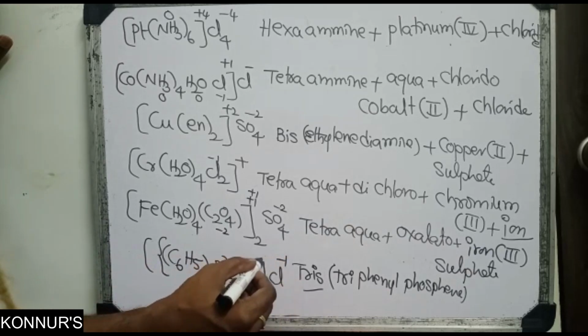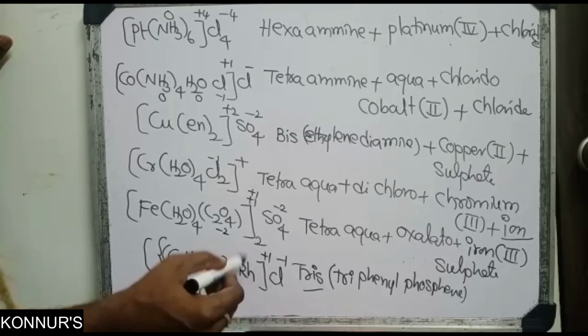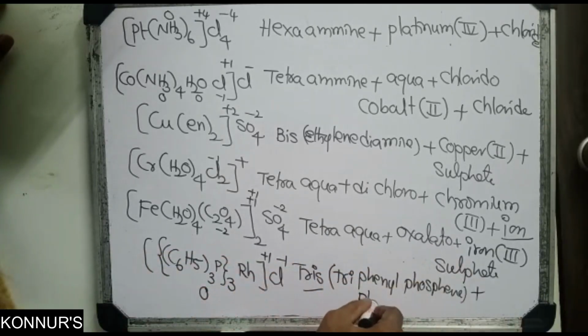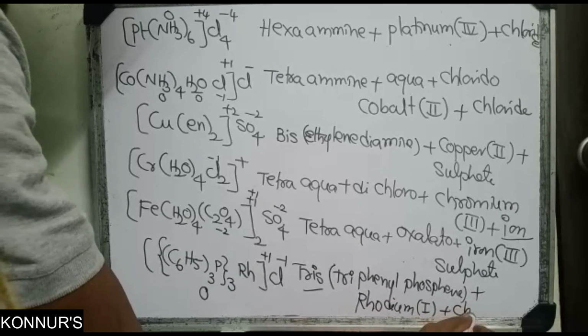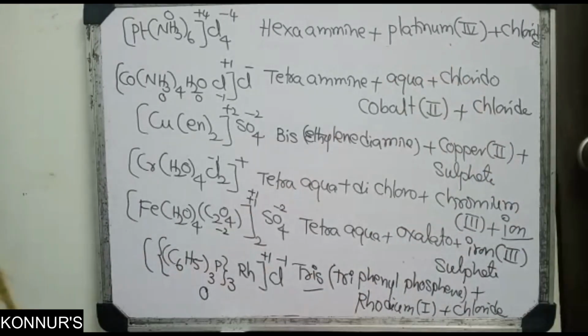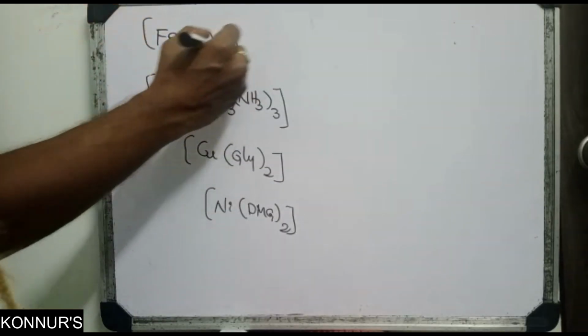This is minus 1, so that's why plus 1. So this is what? Neutral molecule. So plus 1 coming to rhodium. So that's why rhodium 1. Last, chlorine is there with the chloride.